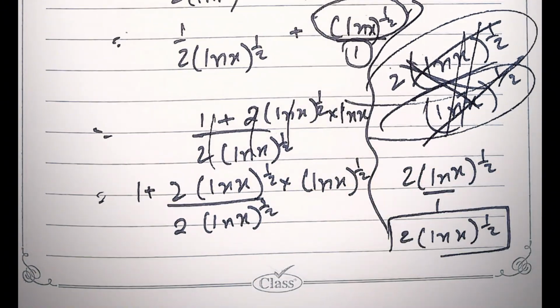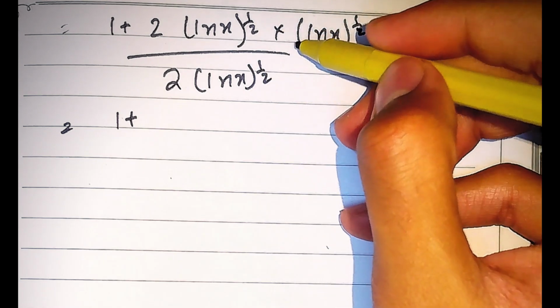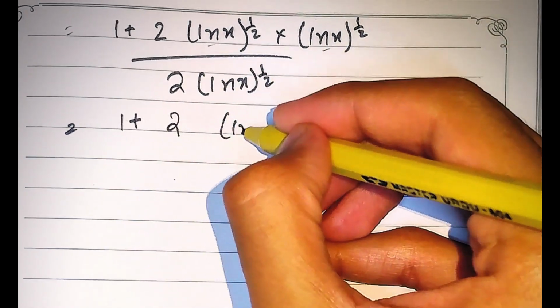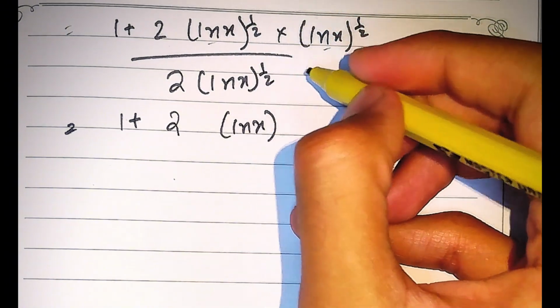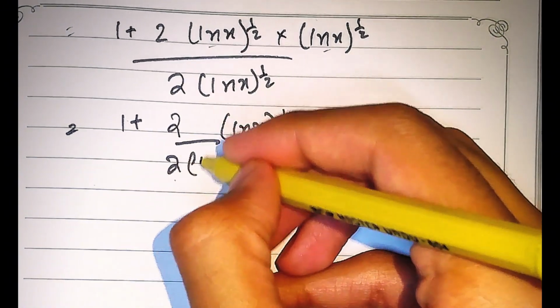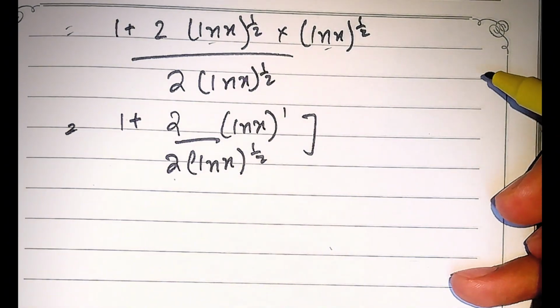Okay, so I hope that makes sense. Now you can see that these two functions are being multiplied, so when the bases are same, the powers are added, so we are left with log of x, the powers will be added, so 1/2 plus 1/2 is actually 1, so log of x^(1/2). Okay, so this is the final derivative of y given to us.